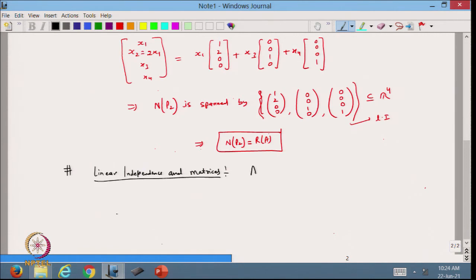So, suppose we have a matrix A that is an M cross N matrix.